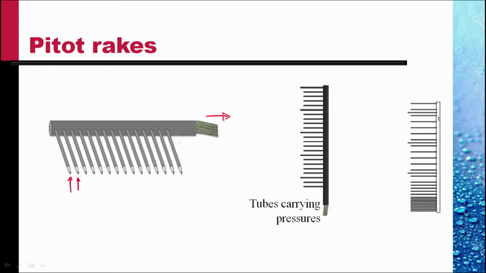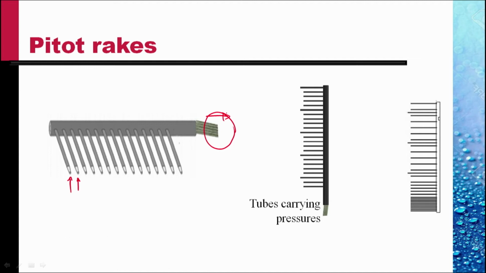And if there are 15 tubes here, there will be 15 tubes coming out here, each tube picking up the pitot pressure at the specific location. These are then connected to a multi-tube manometer where you can read the pressure difference, which is directly related to the velocity.